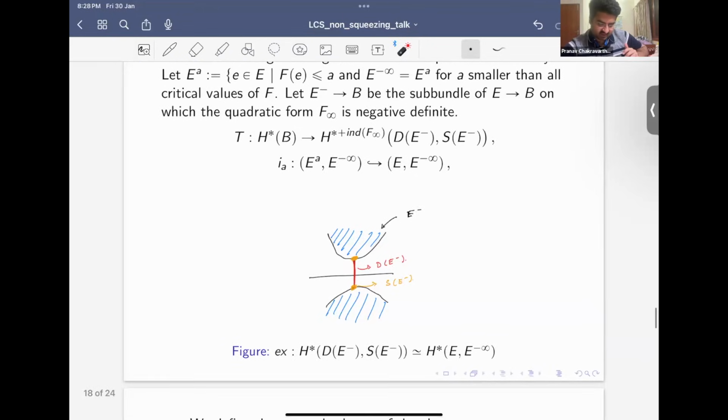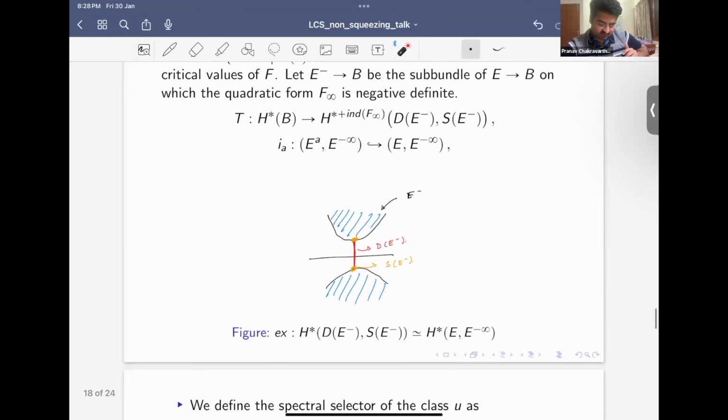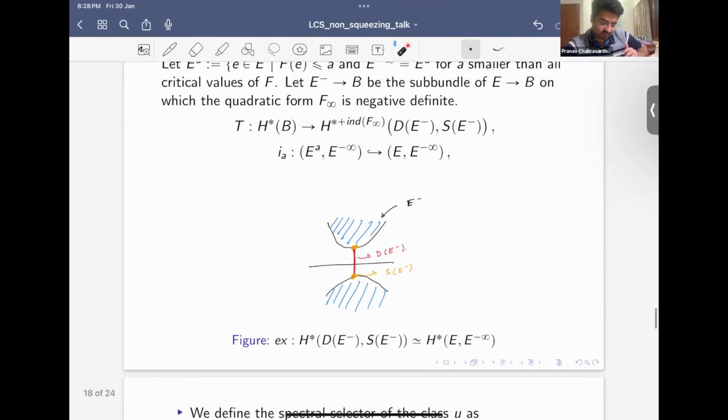Now we have the Thom isomorphism between the cohomology of the base and the cohomology of the disk bundle relative to the sphere bundle of E minus, where we need to shift the indices by the index of the quadratic form.